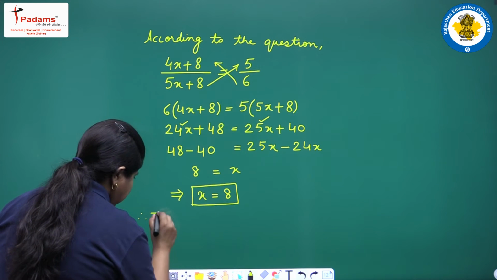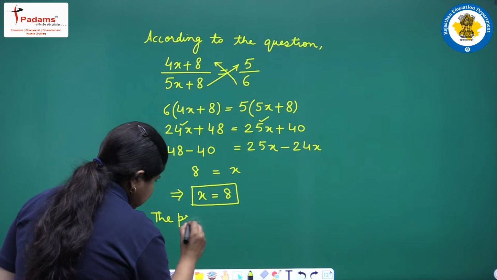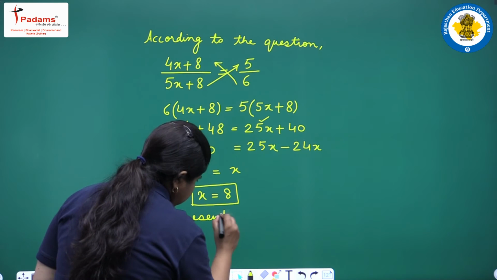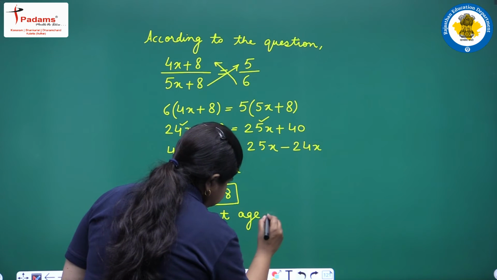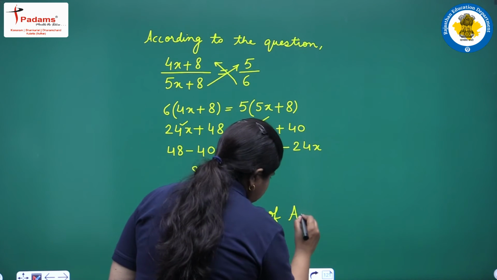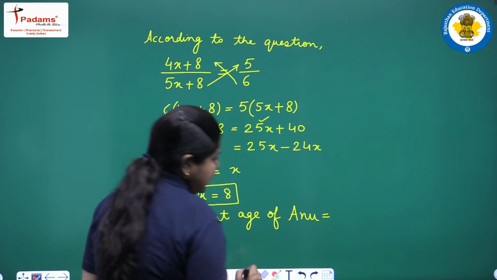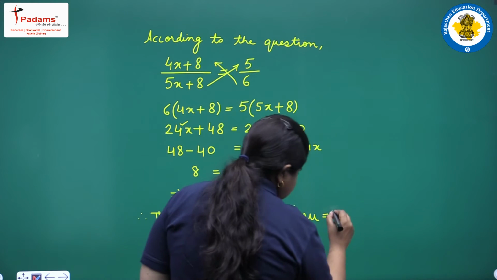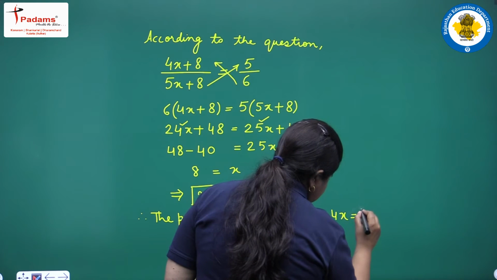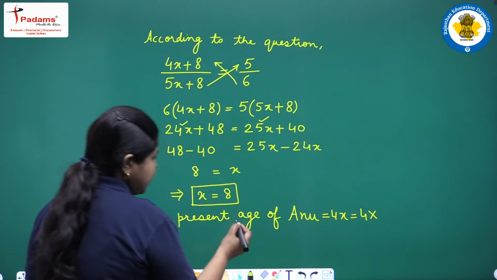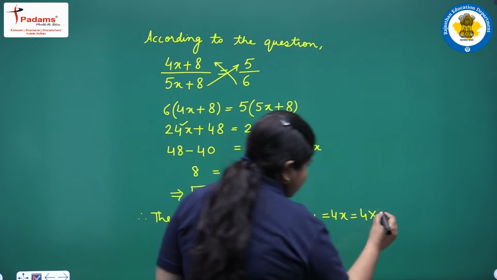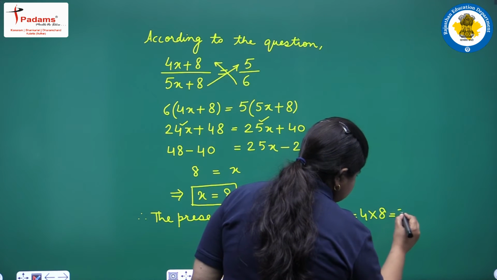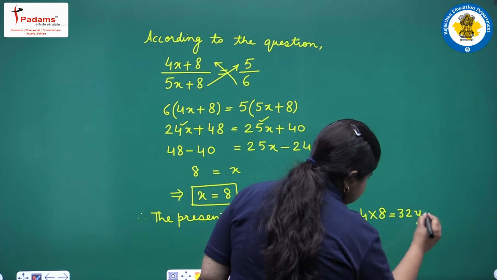Therefore, the present age of Anu will be 4x. So, 4 into, we put 8 in place of x, 4 into 8, this will be equal to 32 years.